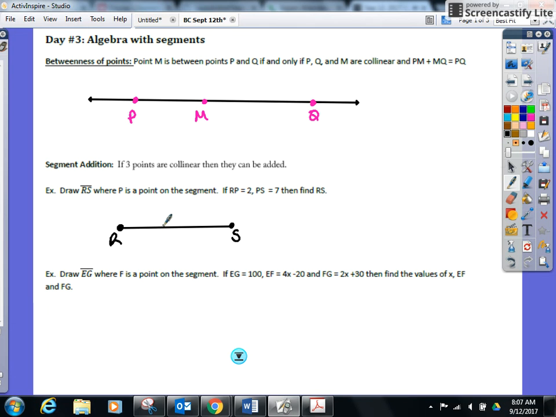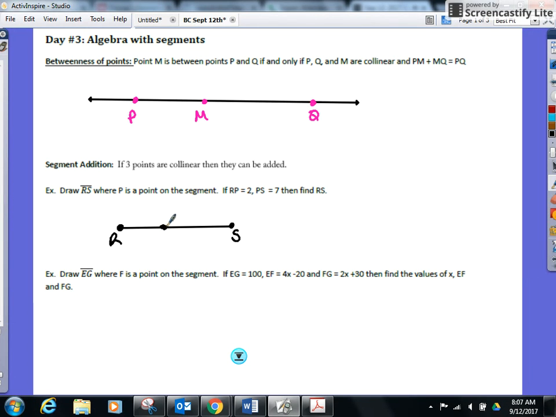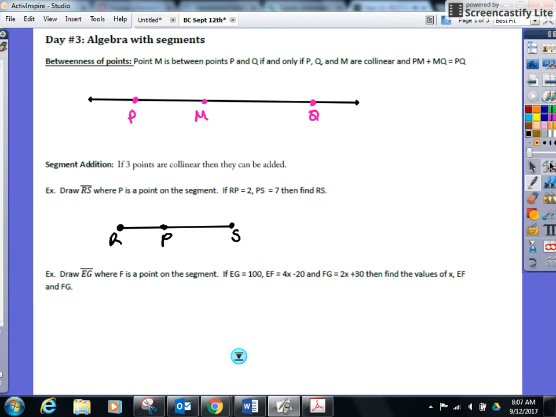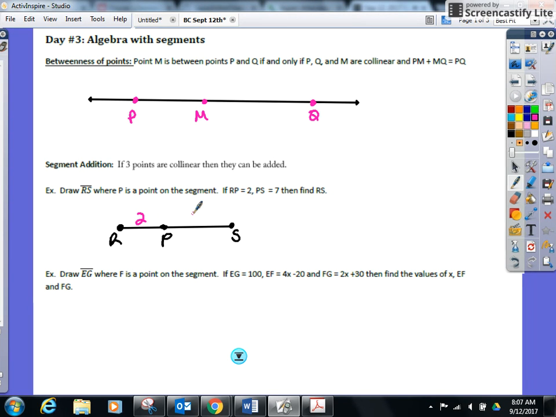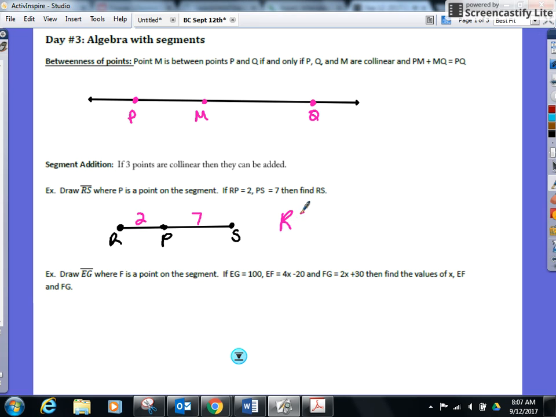Put point P somewhere on the segment. RP is 2. PS is 7. I know I'm asking tough questions right off the bat. RS without the line segment symbols, tell me the distance of RS.